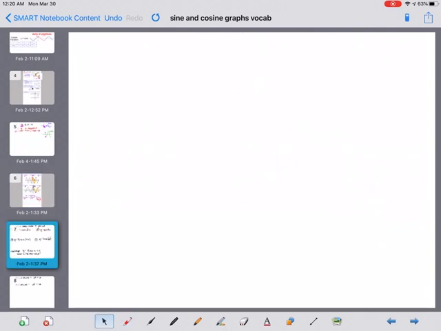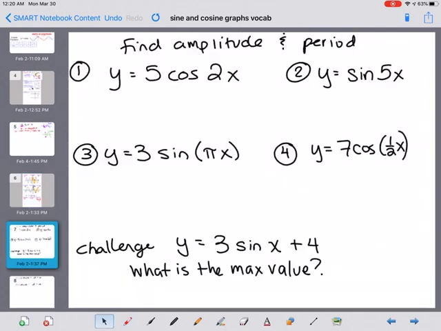Let's do the same thing now for some of these examples. We're going to find the amplitude and the period for each one. The amplitude here, right here, is going to be 5. That means that from the middle of the graph, it goes up 5 and down 5. The period is 2 pi over b, which is 2.